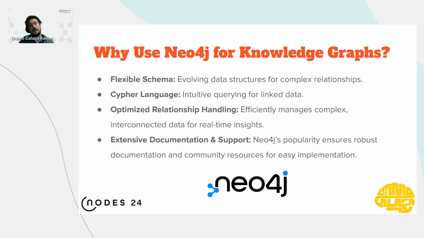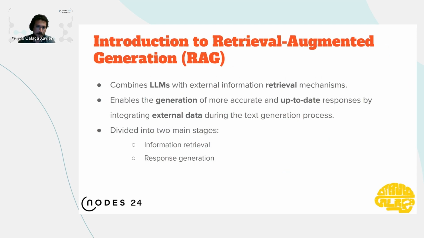Neo4j also handles the complexity we have in relationships. For job matching, for instance, we can have multiple relationships between profiles, skills, job positions, and so on. Representing them as graphs is a good way to keep complex queries simple.